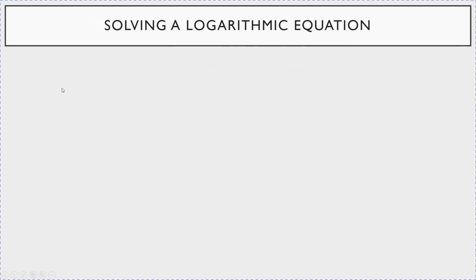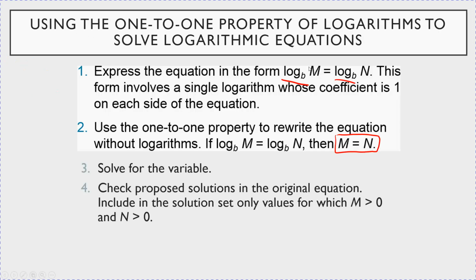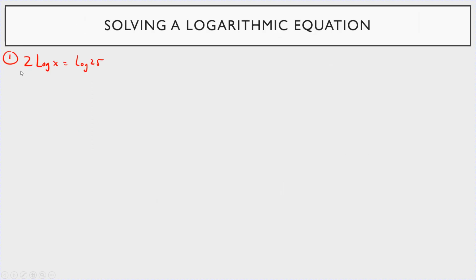All right. So let's solve this one first. 2 log of x is equal to log of 25. Well, look, there's a 2 in front. So remember, you have to get the log by itself. So I have to use my power rule to bring this up as an exponent. So this is log of x squared is equal to log of 25. Well, what that means is the bases of the logs are the same, so it must be that x squared is equal to 25. The insides of the log must be the same. So when I take the square root here to solve, I get x is equal to plus or minus 5, right?